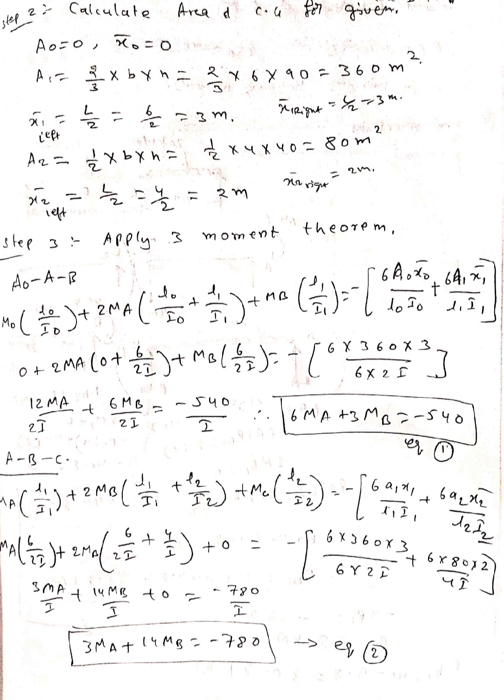By solving it, we get 6 MA plus 3 MB equal to minus 540. Let it be equation number 1.